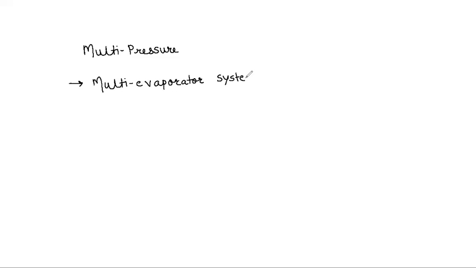And the other important one could be called the multi-compressor system, or it is popularly known as multi-staging compressor system. Okay. Now, what exactly are these systems and why do we use them? This is to be understood very clearly.